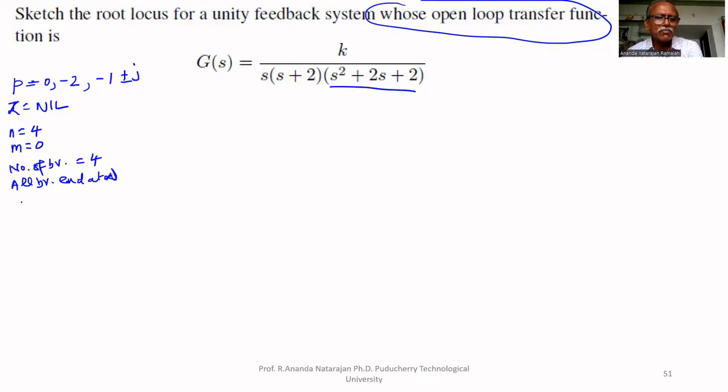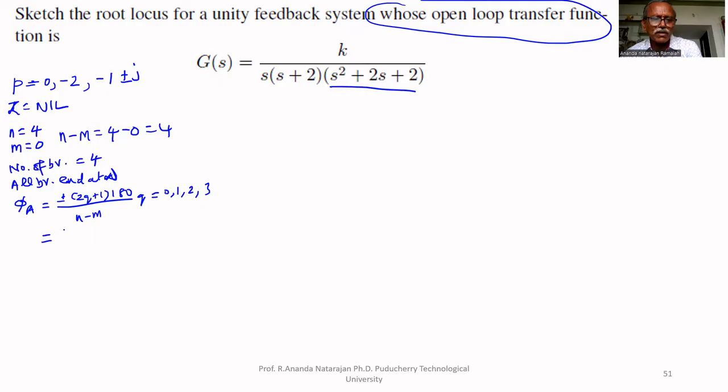Therefore, the angle of asymptote φa = ±(2q+1) × 180 / (n−m), where n−m = 4−0 = 4 and q = 0, 1, 2, 3.